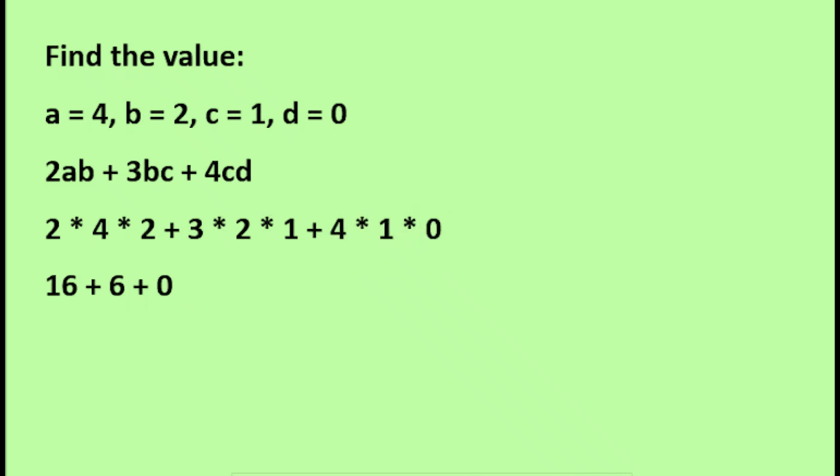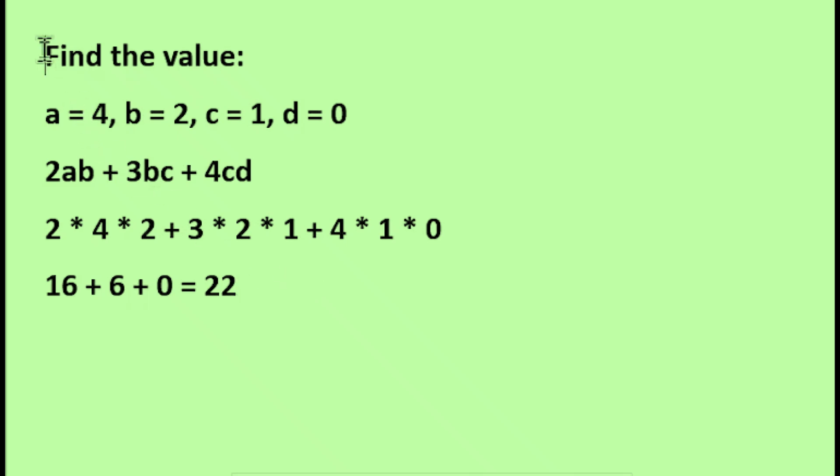So you get 16 plus 6 plus 0, that is 22. Again for sum number 3, the value of A will be 2, value of B will be 5. It will change. That is why they are variables. So these are the two kinds of questions you will be facing.